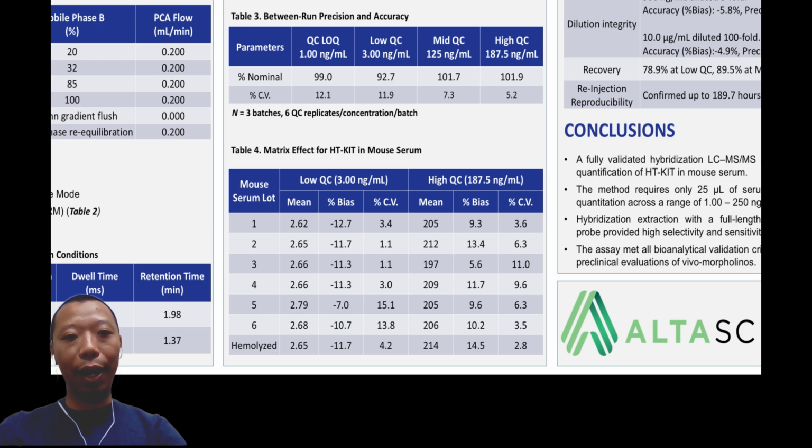The results summarized in Table 4 were highly consistent across all 7 lots, including the hemolyzed serum. This shows that the assay response for HTKIT was stable and not impacted by any endogenous component or sample conditions. Overall, there was no significant ion suppression or enhancement observed.